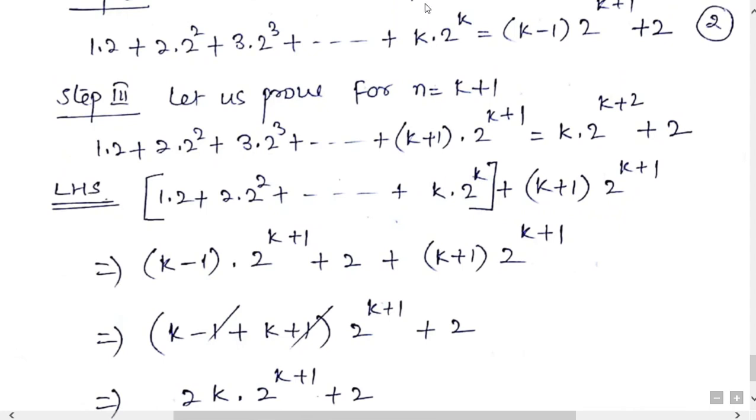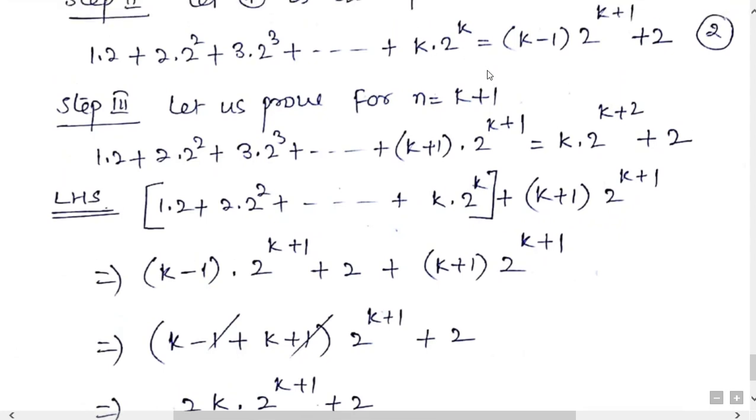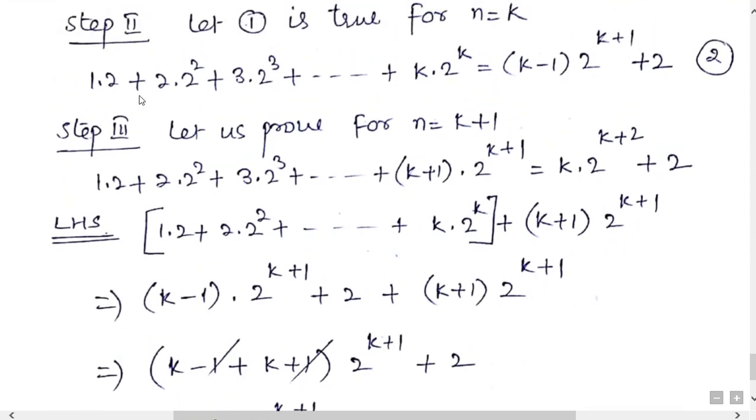Now check the second statement. The value is 1 into 2 up to so on k into 2 raised to power k. The value is (k minus 1) into 2 raised to power k plus 1, plus 2. Insert this value here, (k minus 1) into 2 raised to power k plus 1 plus 2, in place of this series.